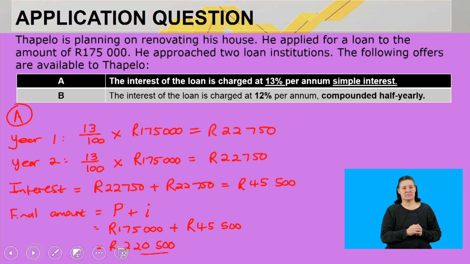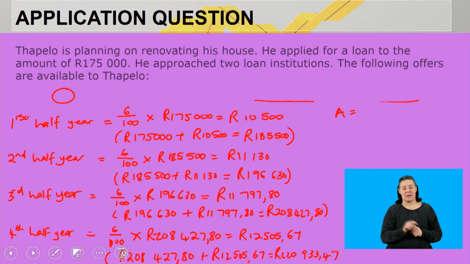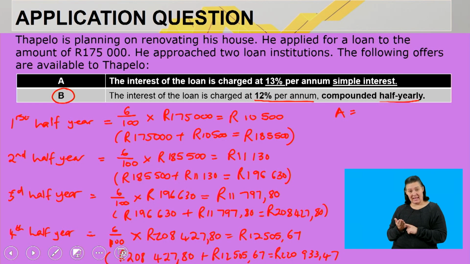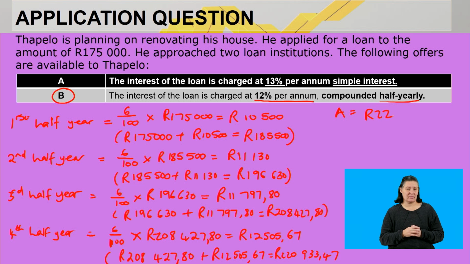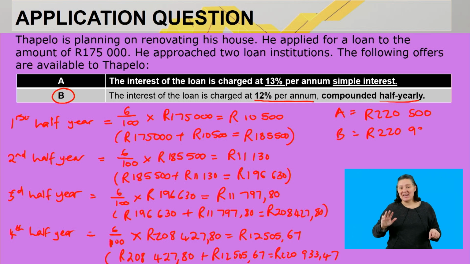That is what needs to be paid. And now we're going to quickly relate that to what we have to do here. So it's 220,500 rand. For institution B, it needs to pay back 220,933 rand and 47 cents.